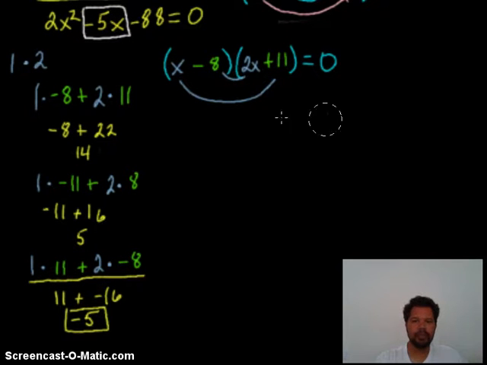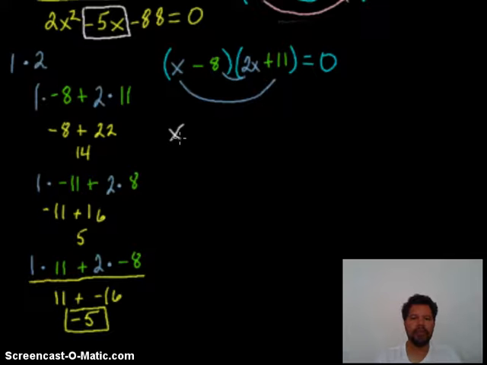So now that we have that, after all that work, we can finally apply the zero product property by separating these two binomials into two equations that equal 0. So let's go ahead and do that.